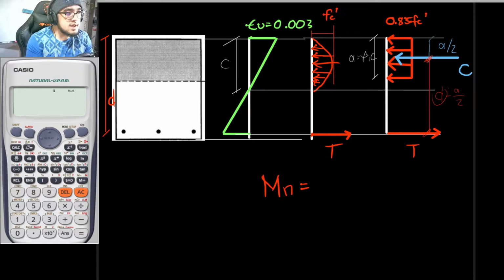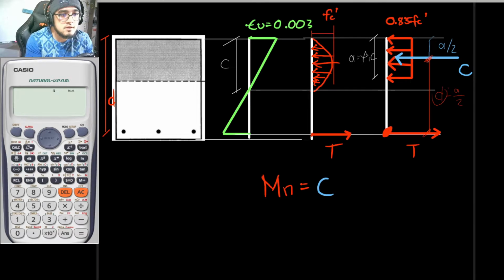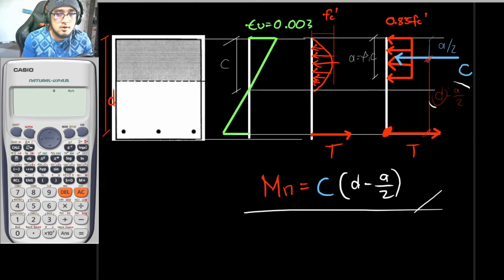So with such guys, for you to solve for the nominal strength Mn, you can either get the moment about this point, or the tensile stress. If you get the moment here, we have C, the compression stress, times the lever arm, and our lever arm is D minus A over 2. Once you solve this, then you're already done.